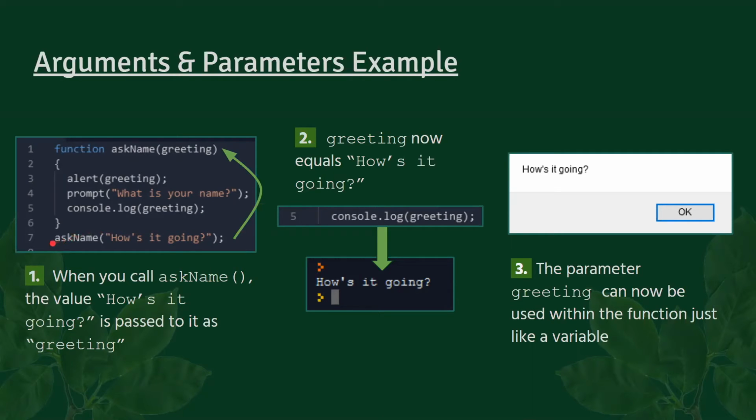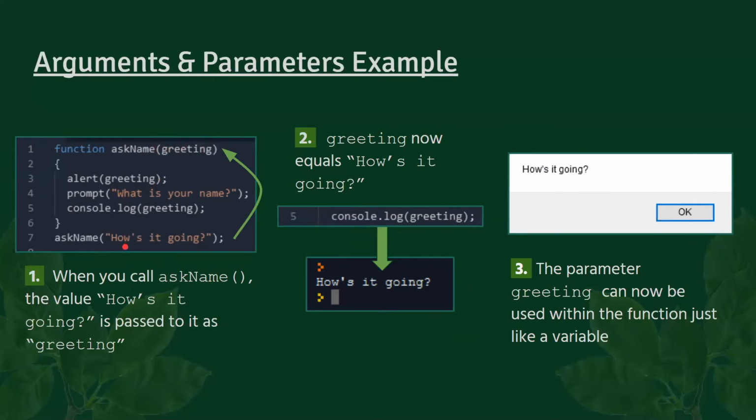So when you call the function by saying ask name, we make a string variable called greeting. We say ask name greeting. Greeting is the string variable here. So console log greeting. When we say ask name, how's it going? We take this text input, and we establish it as the value greeting.